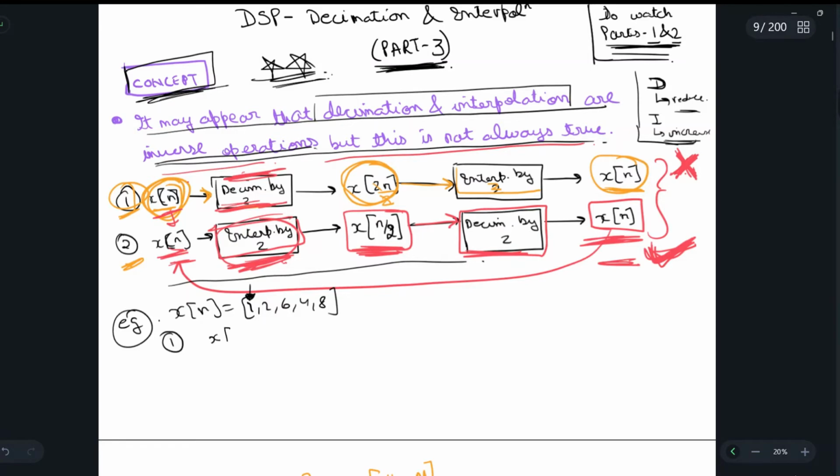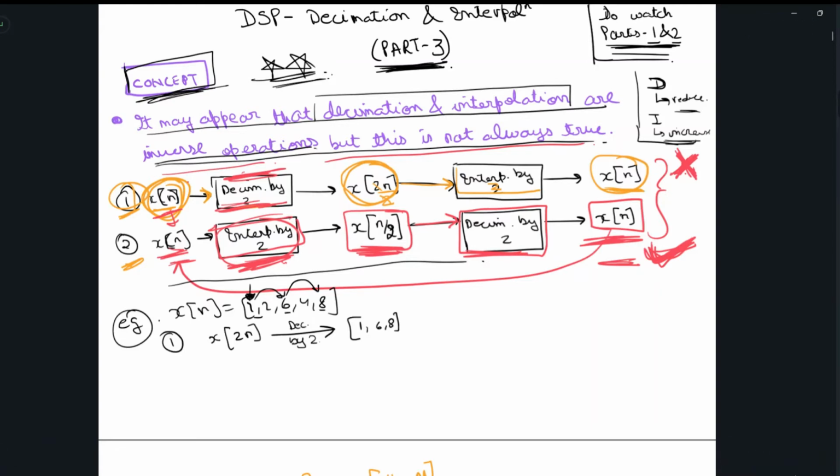We represent it by x(2n). So on doing decimation by 2, you will get the answer as 1, 6, 8. This must not be a problem, because you must have watched my previous videos. We simply take a leap of 1 because we are doing a decimation of 2. So we will get 1, 6 and 8. This is our answer for decimation.